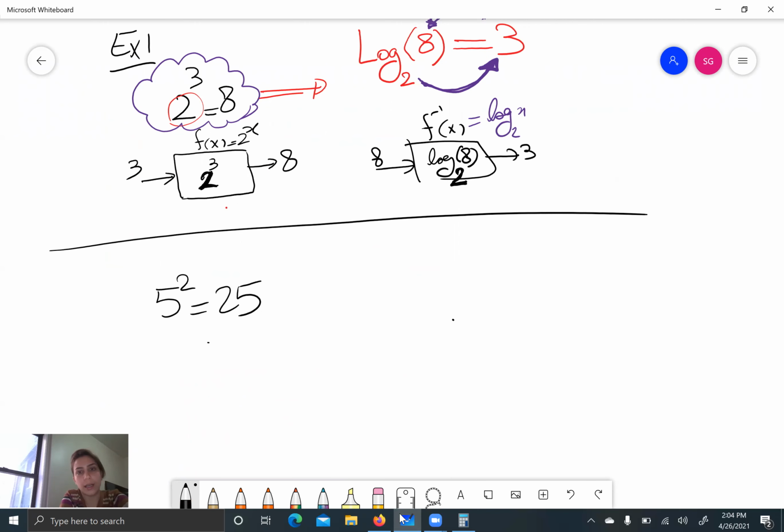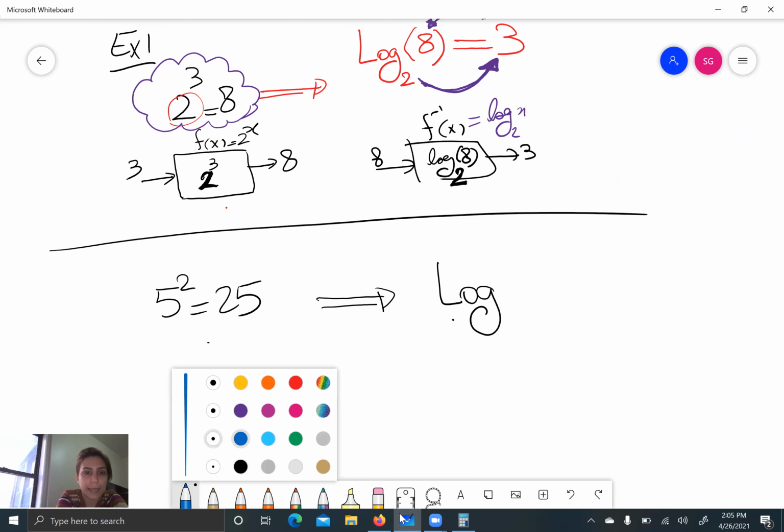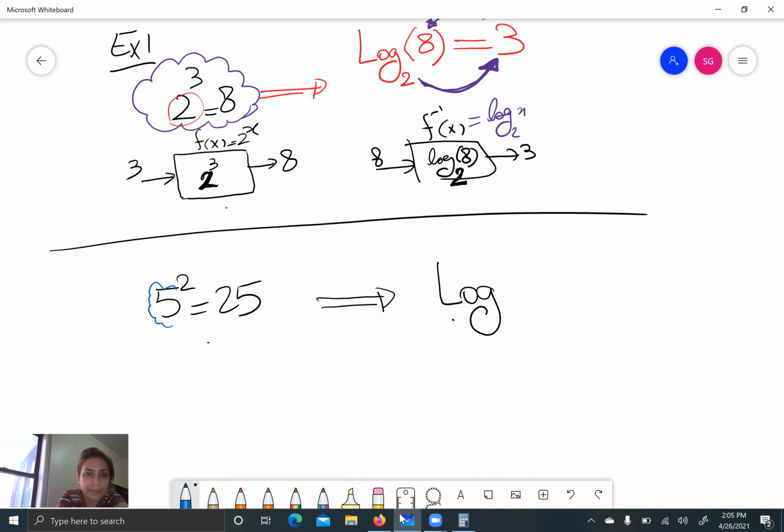So I'm going to do this without drawing the function and inverse. Look, this is an exponential relationship, so we can express that also as a logarithmic expression. Now, what is the base? The base is 5. So that goes and sits here as the base.